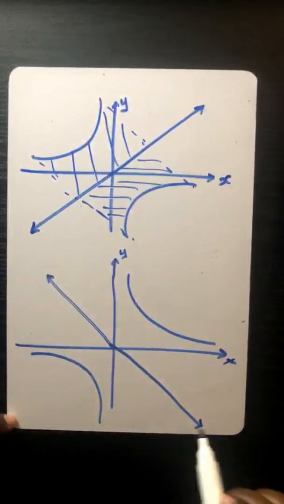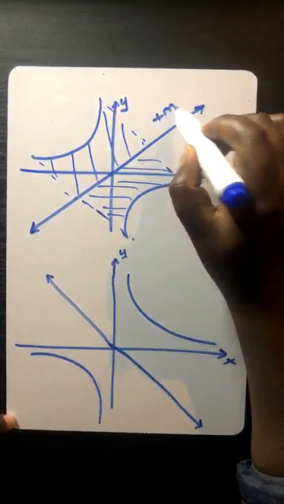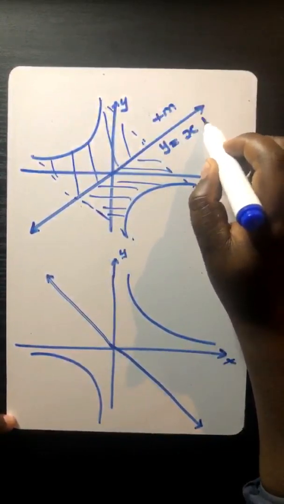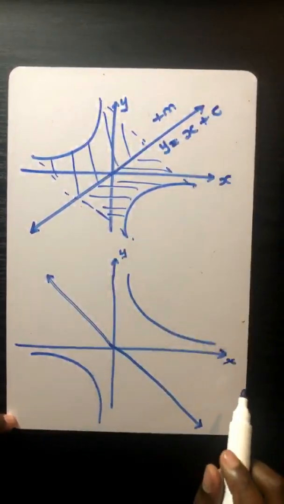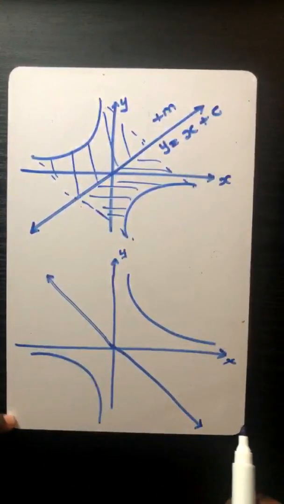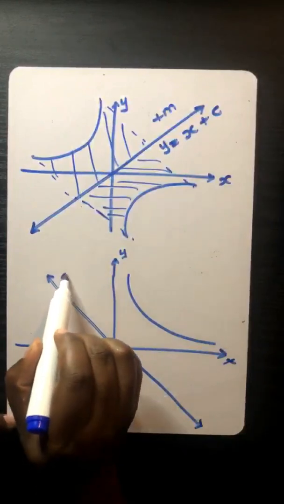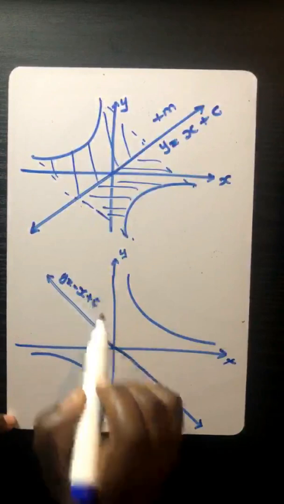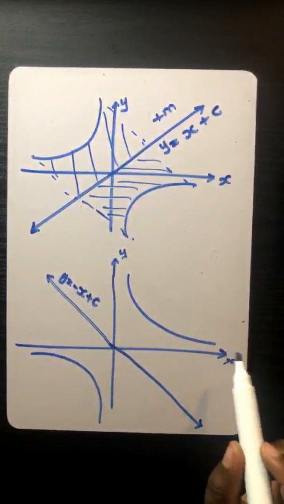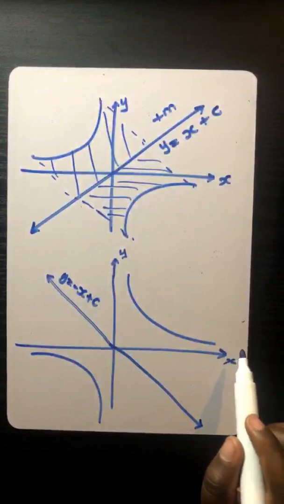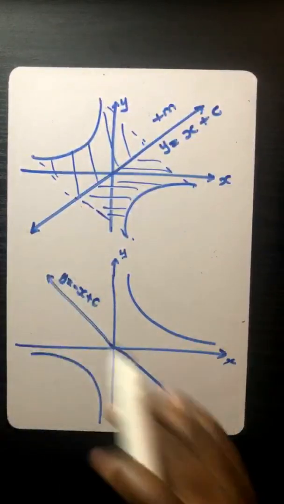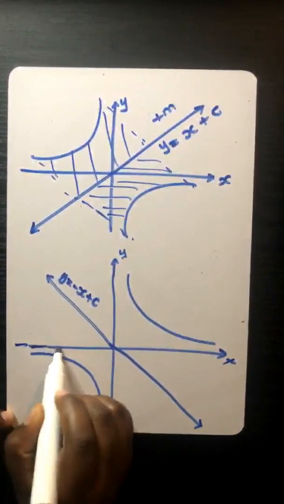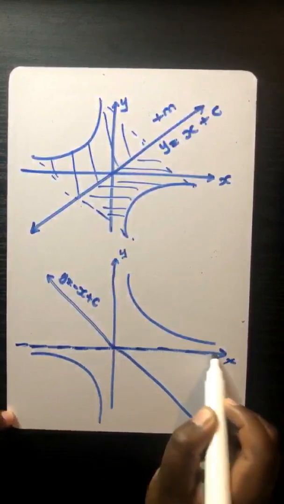So that means there we are having a positive gradient. So the general equation for that one is y equals x plus c. So this one is the one with a negative gradient, which is y equals negative x plus c. So this straight line, for a positive or for a negative gradient, is actually passing through the intersection of these broken lines inside.